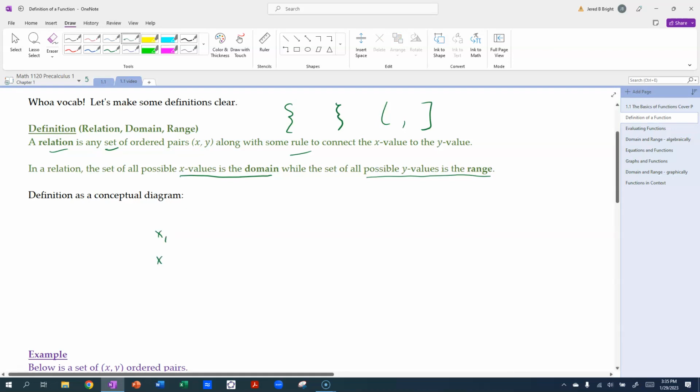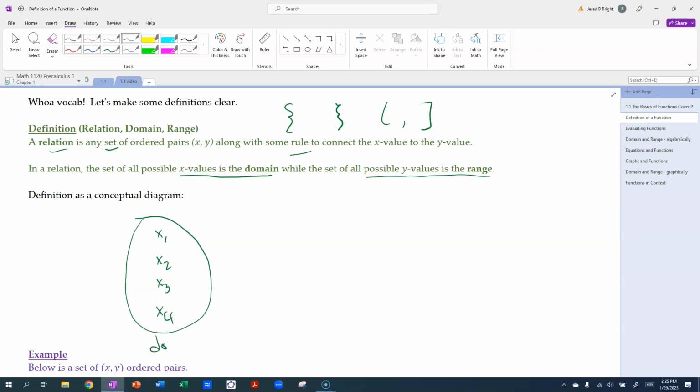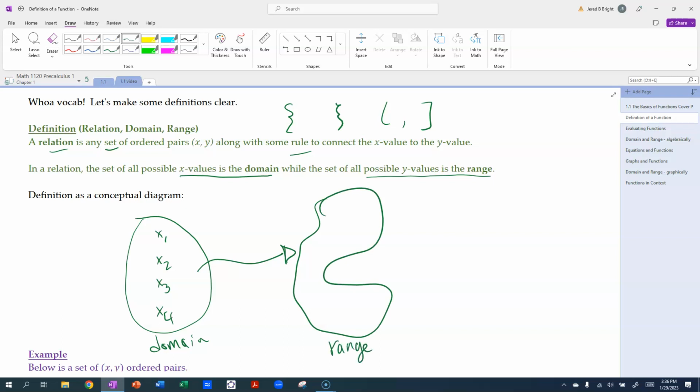But the idea overall of a relation is that you have some x values. I'll just label these as x1, x2, x3, x4, and these would be in your domain, domain with an I. Then these are sent into a new set that looks a little different. This is going to be your range, and these are going to be your different y values.